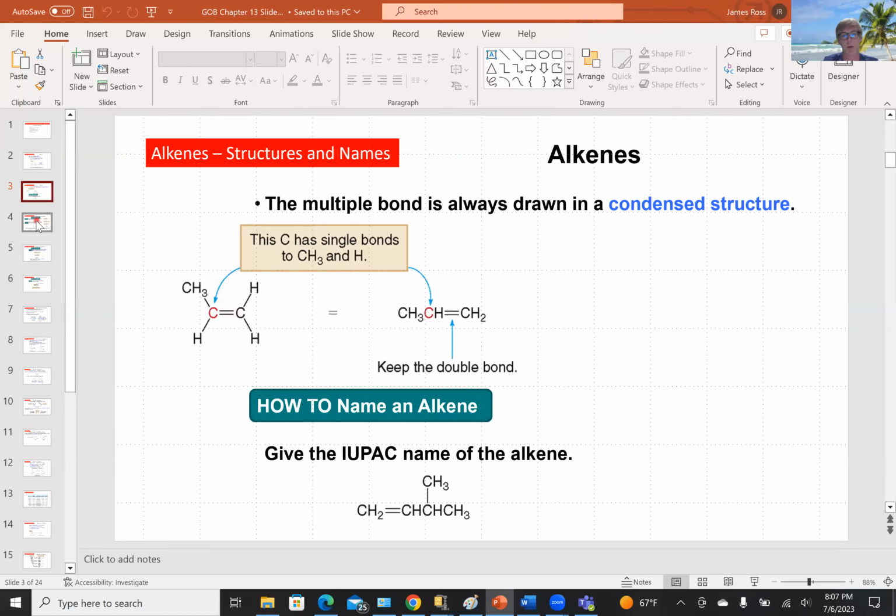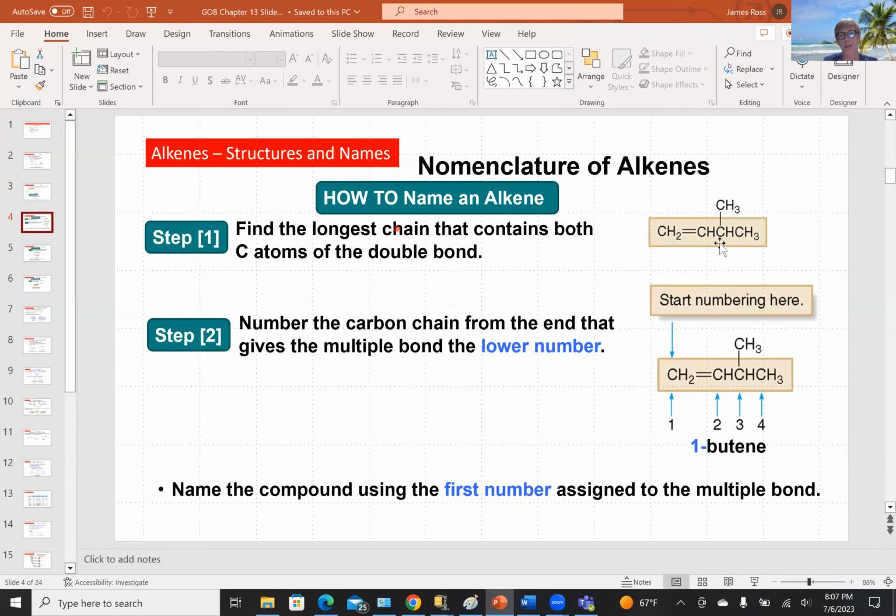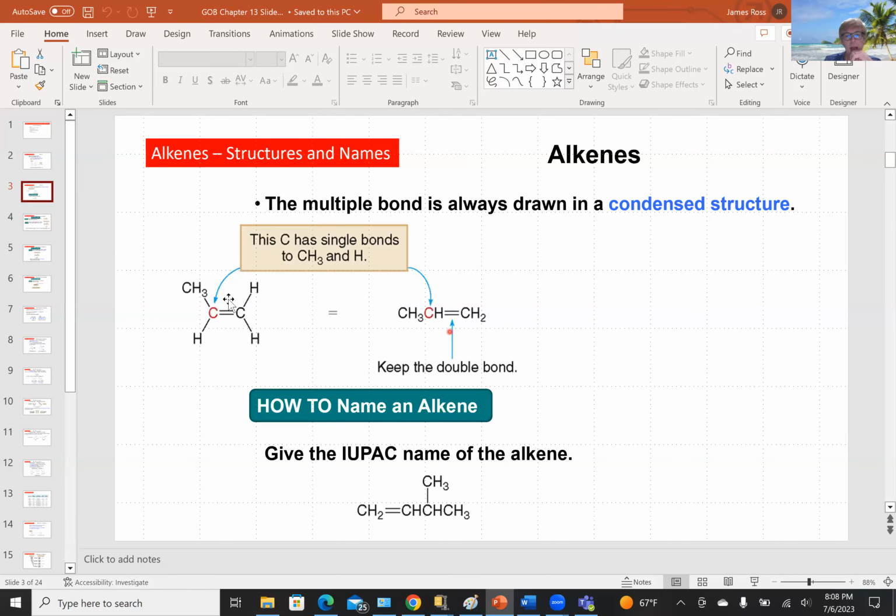As you can see, the double bond is closer to one end than the other. So let's get my pen out.